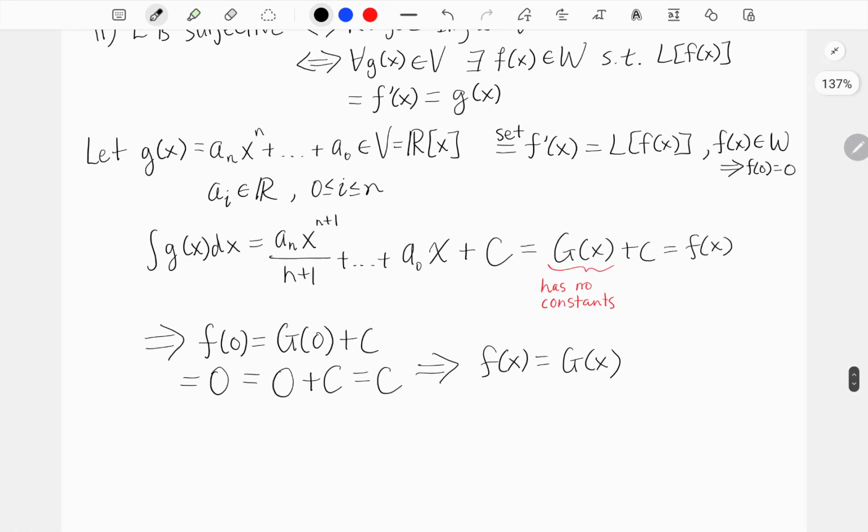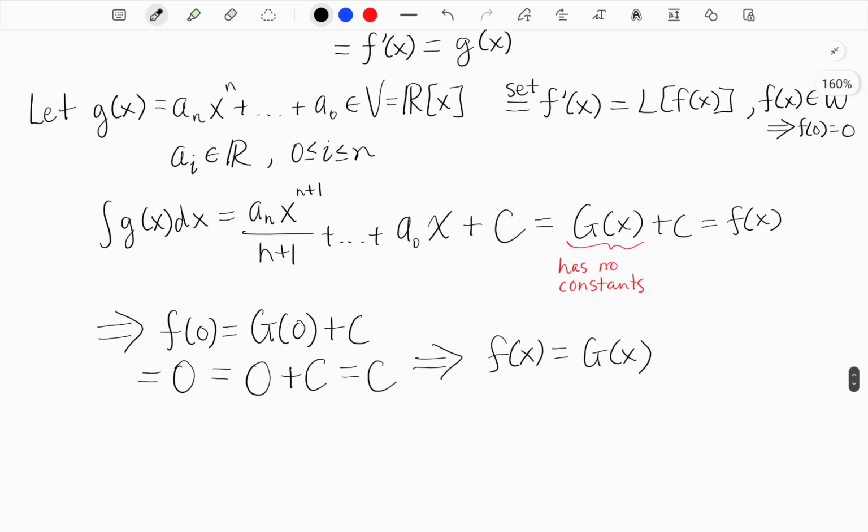So there we have it. You give me any arbitrary g of x, a polynomial with real coefficients, and I will choose my f of x to be equal to the indefinite integral of g of x with a constant of integration equal to 0.